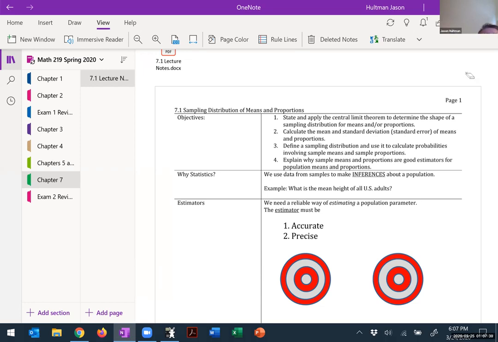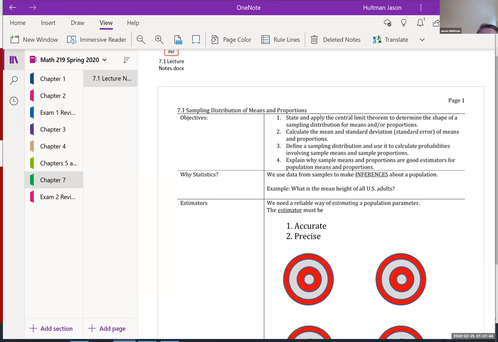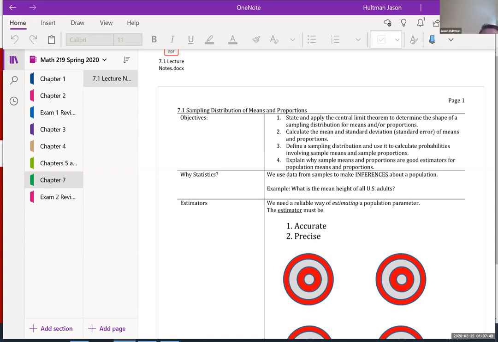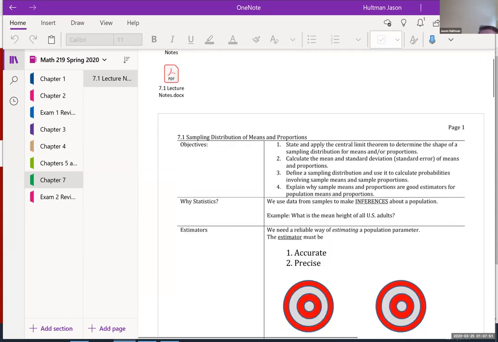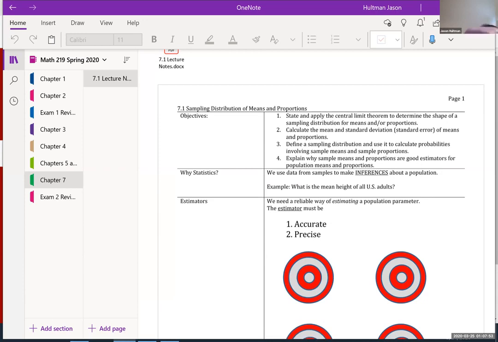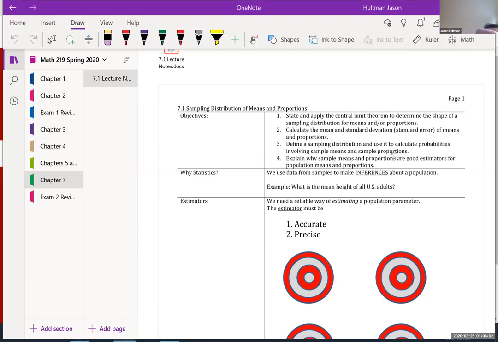So the standard deviation, which is the standard error, of the means and the proportions.